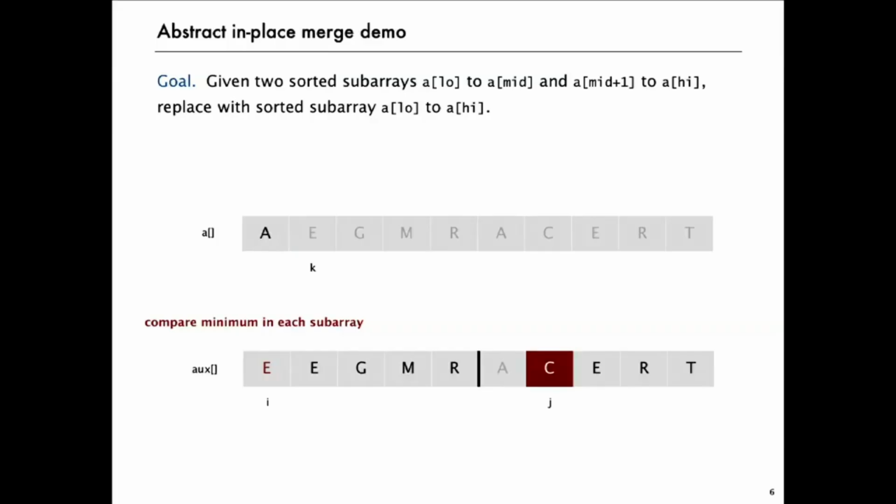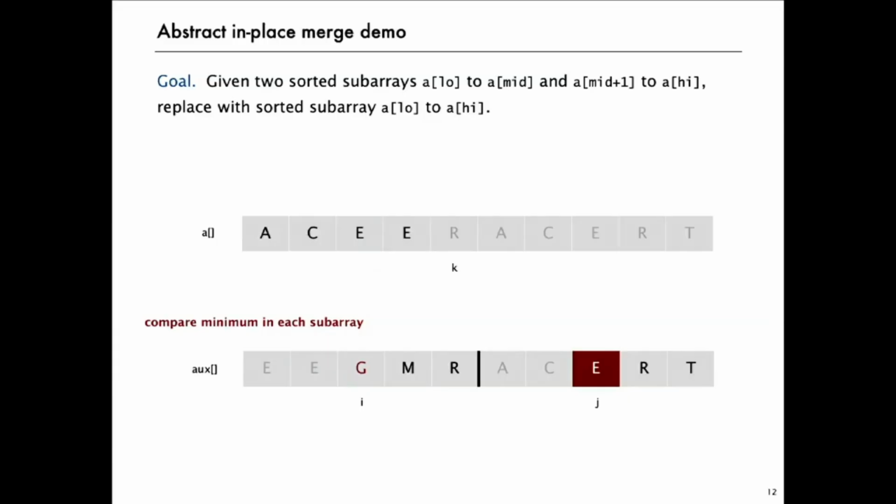Again, the one pointed to by J is smaller, so we move that one to K, increment that pointer J, and also increment K. Now there's two E's equal. We always take the first, so the one in the left array goes to K's position, and now we increment I and K. And again, it's an E, and they're equal, but we'll take the first one, so we move that one up, increment I and K.